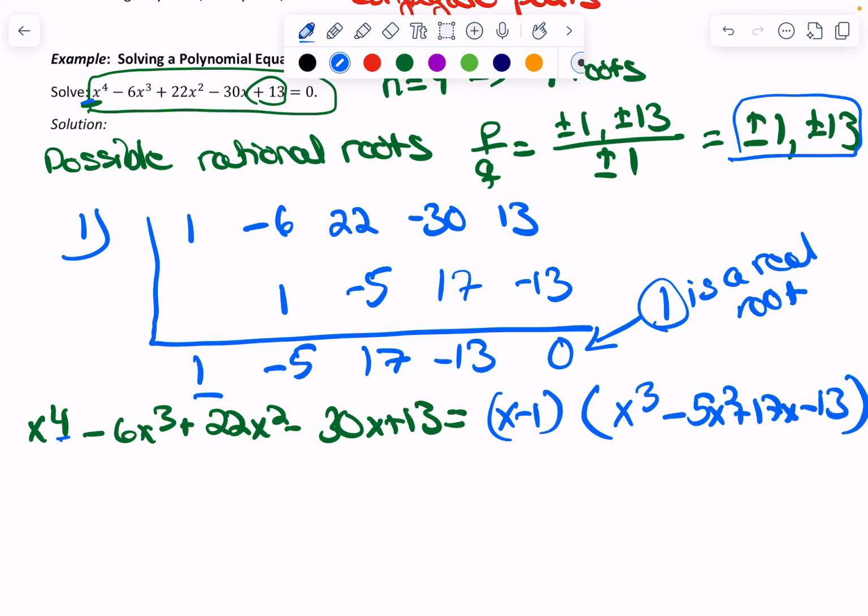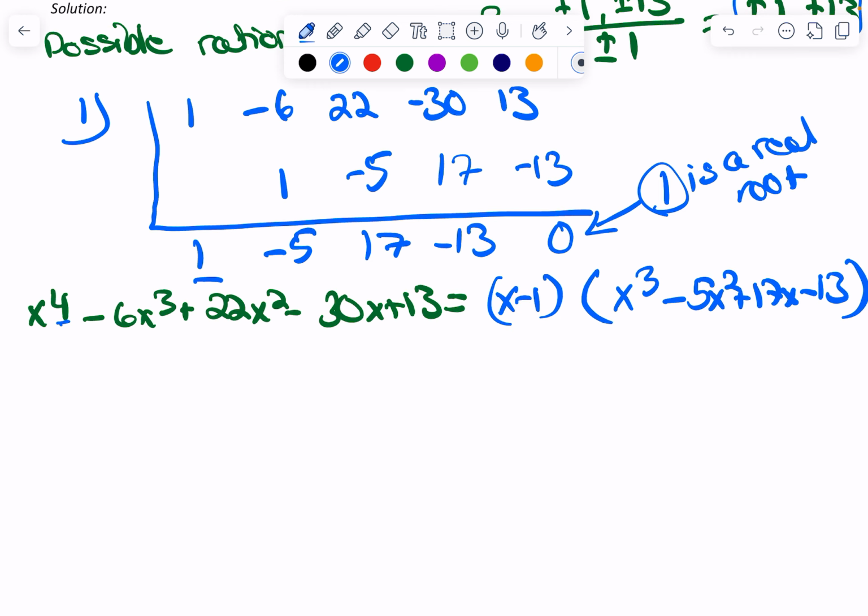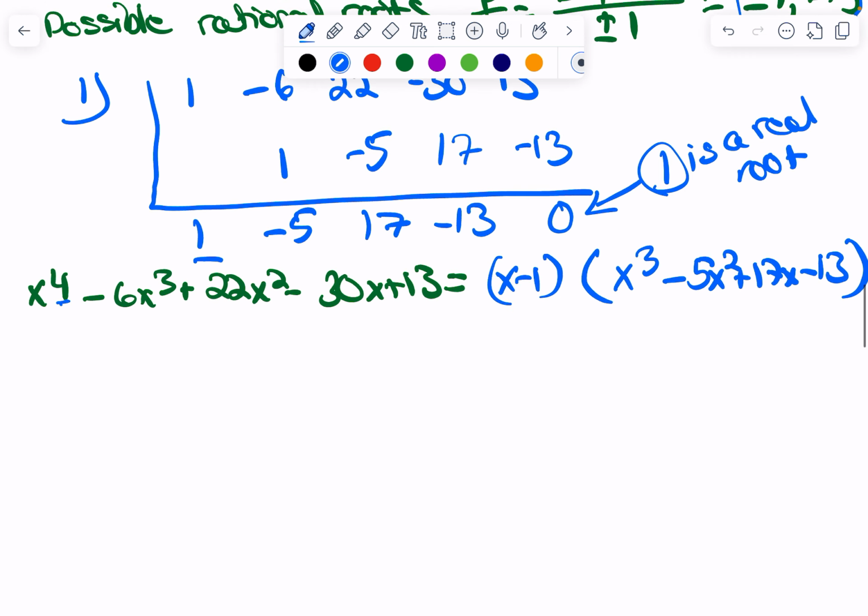We again have a cubed, so we have a polynomial here, not a quadratic like we had in the previous one where we could use the quadratic formula.